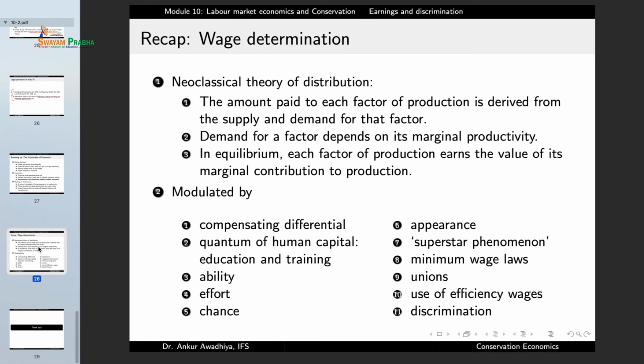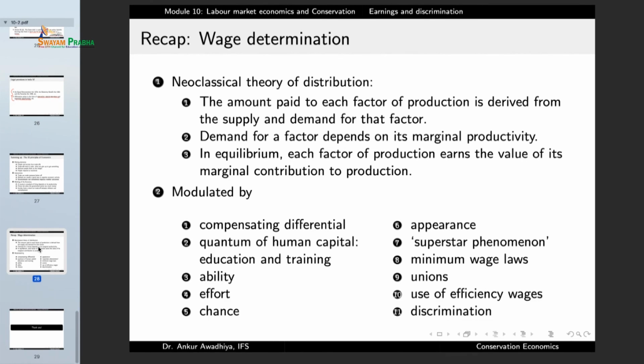But we have observed in this lecture that the results of the neoclassical theory can get modulated by the compensating differential, say in terms of more wages for difficult jobs, or it can get modulated by the quantum of human capital, how much is the amount of education and the training with the person. It gets modulated by the ability of the person, whether hereditary or otherwise, by the effort a person puts in, the chance factors, whether the market is booming or in recession, the appearance of the person.